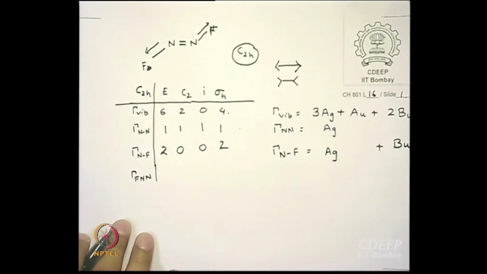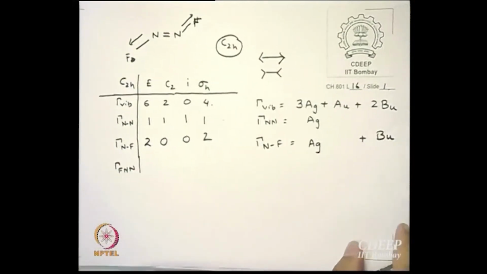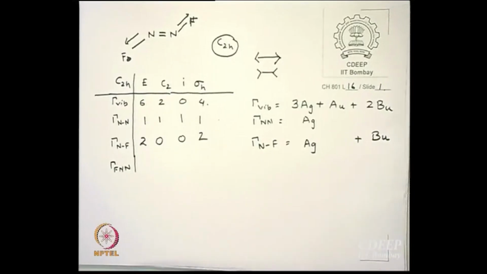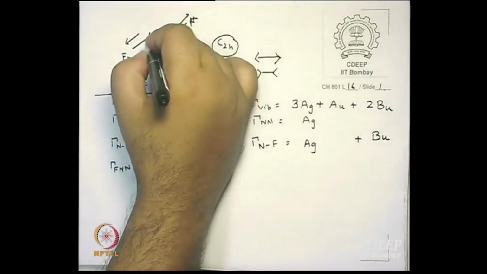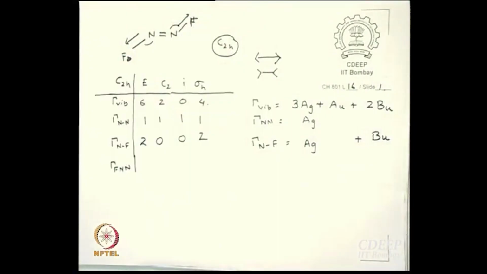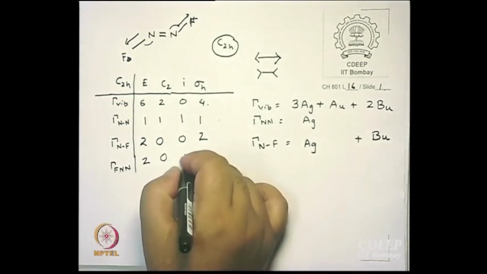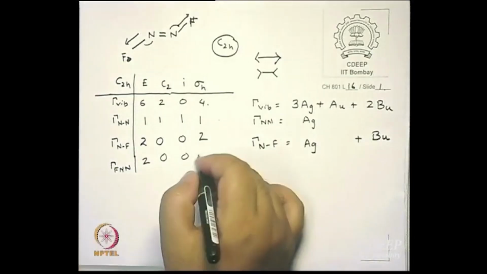Okay. Ag plus Bu. Now, what about the angles, F and N? This angle and this angle. What do you get? Character of E, character of C2, character of I, character of sigma h, 2.